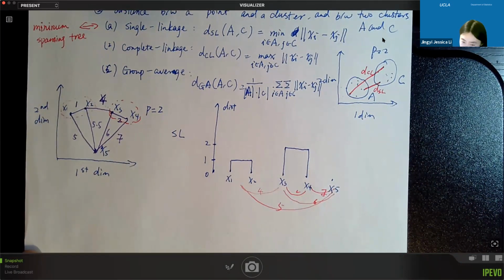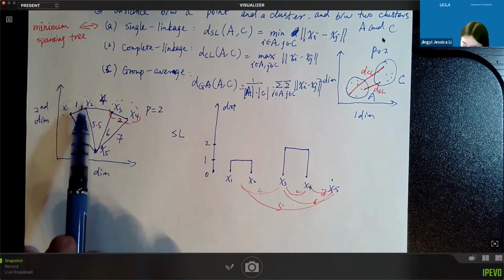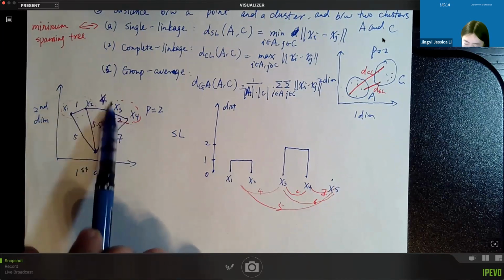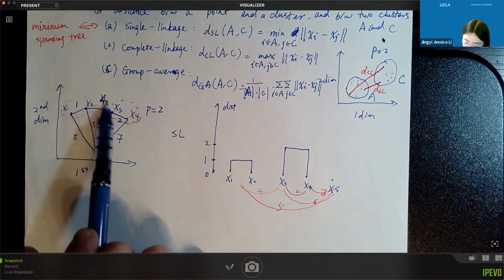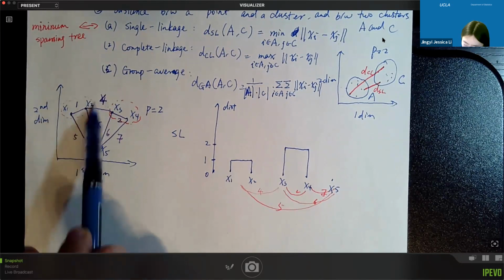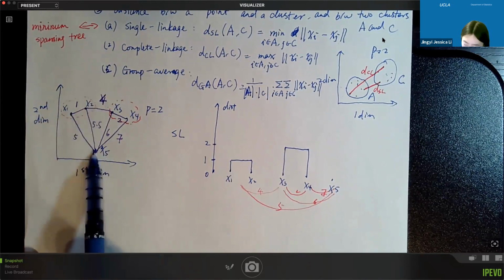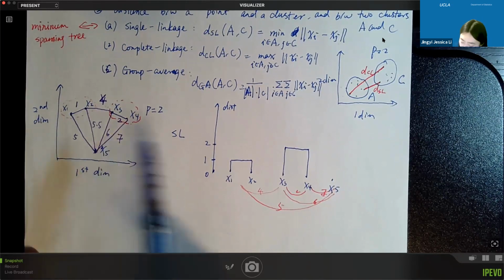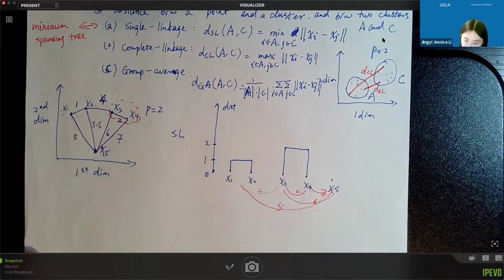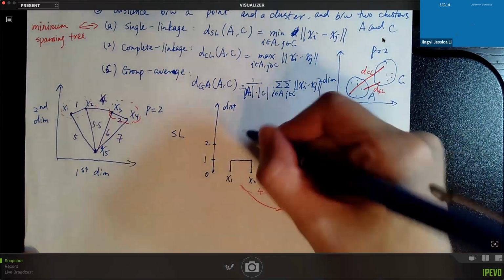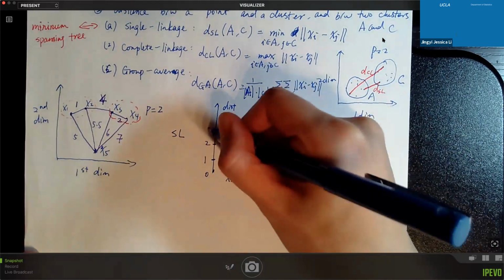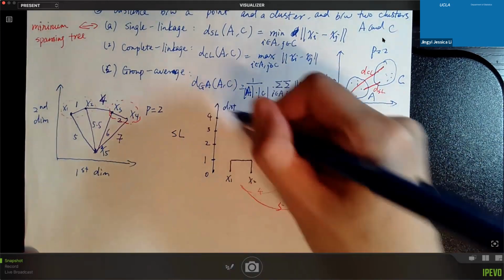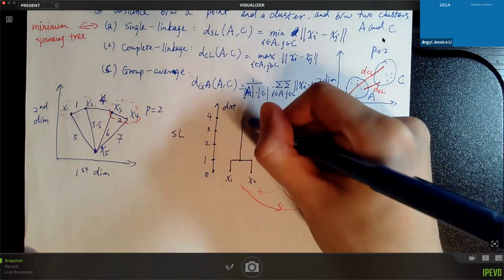Now by single linkage, the distance between this cluster and this cluster is 4. Between this cluster and x5 is 5. Between this cluster and x5 is 6. So now I see I need to merge those 2 clusters whose distance is 4. So I'm going to mark the distance, and they are going to be merged at 4.